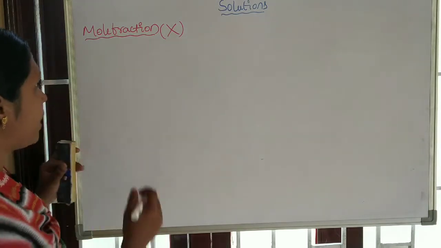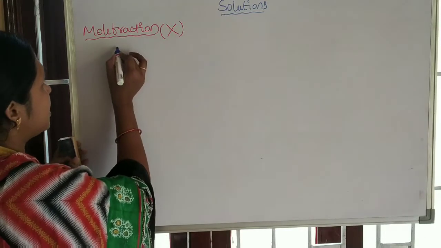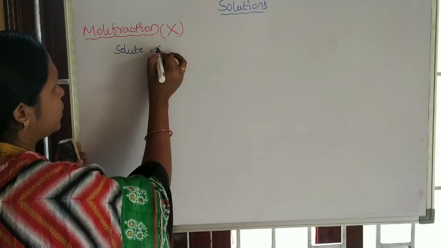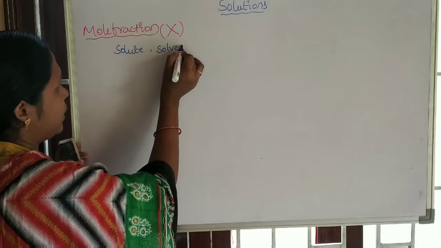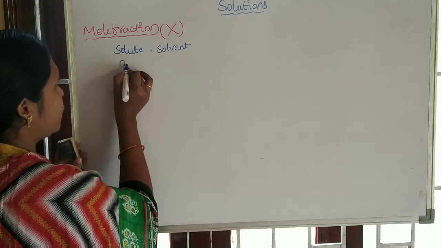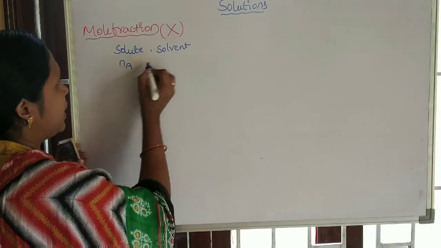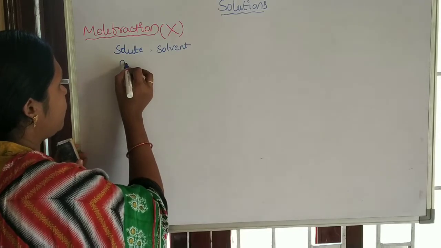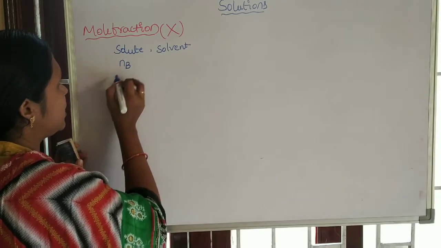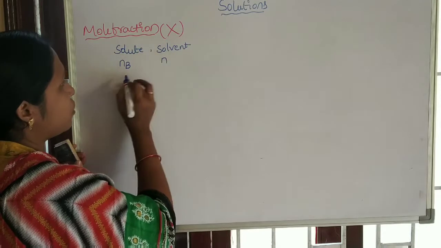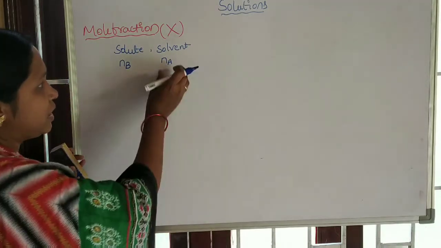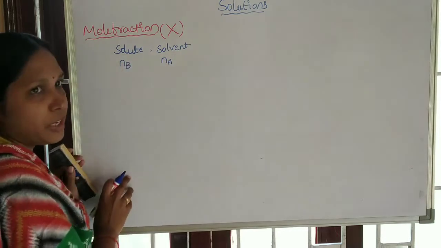Suppose you take a binary solution, means it has a solute and solvent. The number of moles of solute is Nb. The number of moles of solvent is Na. Bigger one take A, smaller one take B.